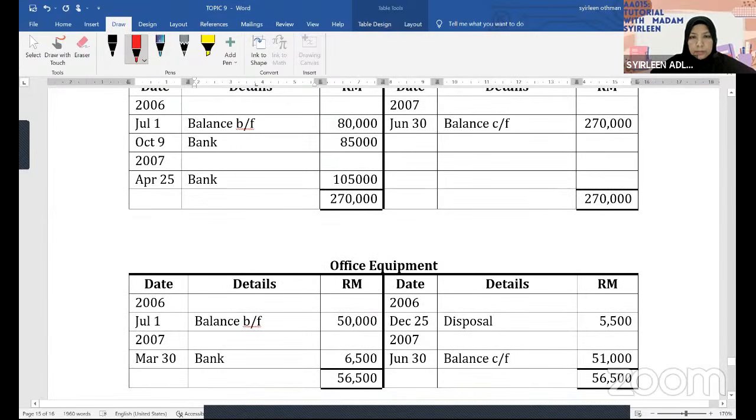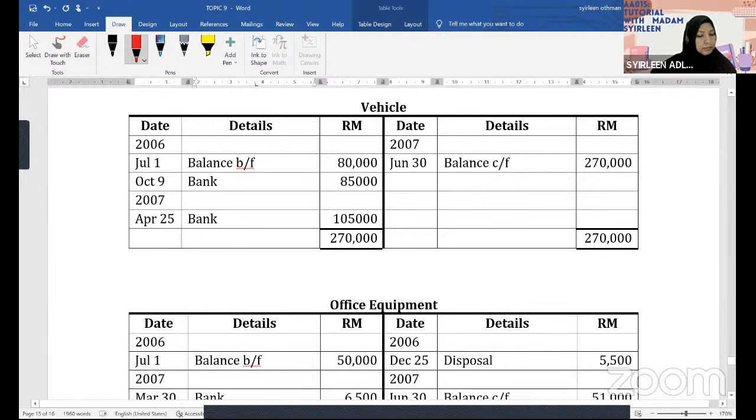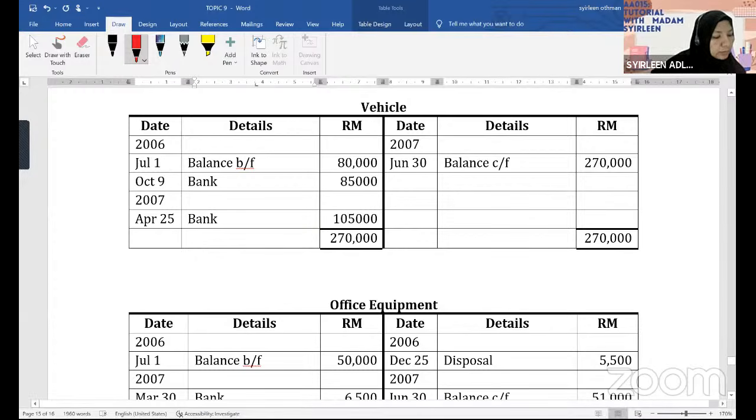Okay. So vehicle you are doing for the month of 30th June 2007, right? Okay, so we are preparing an extract of statement of financial position. Okay, to the date. All right.